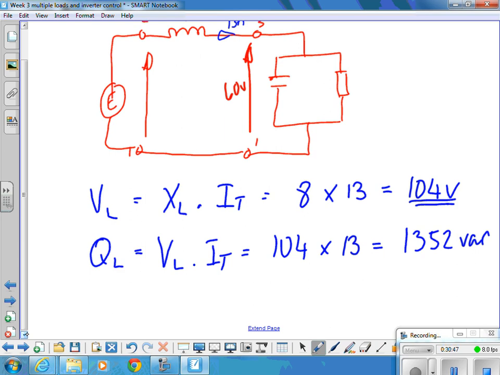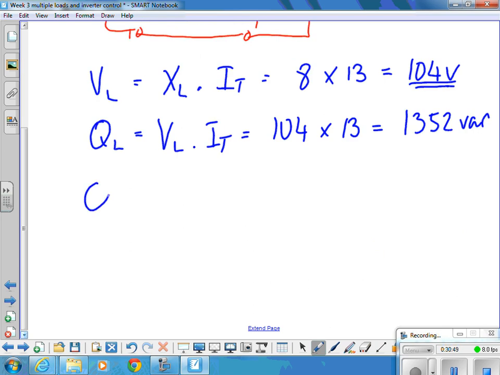So now we got that, we can find the total reactive power, because that's the QL minus the QC, is it not?